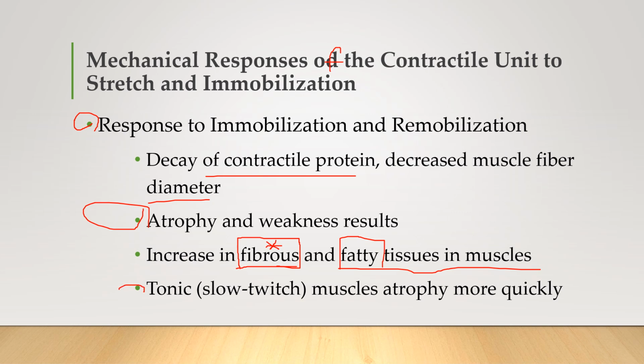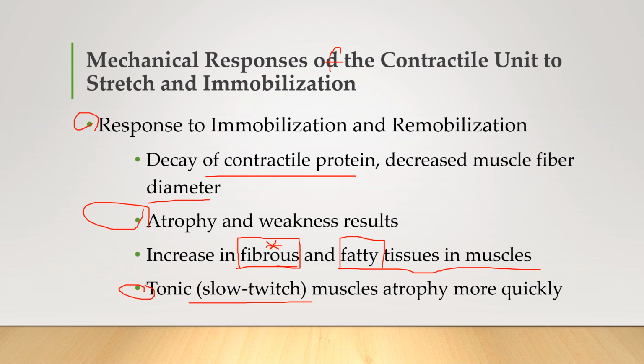And pretty interesting too here, when we look at the different types of muscle fibers in response to immobilization, these tonic or slow twitch type 1 muscle fibers atrophy more quickly. And you kind of wonder about that, right? It seems like it might be opposite, or maybe to you it makes sense. But if we are immobile and those slow twitch muscle fibers, remember those are the ones responsible for posture, those kind of things.